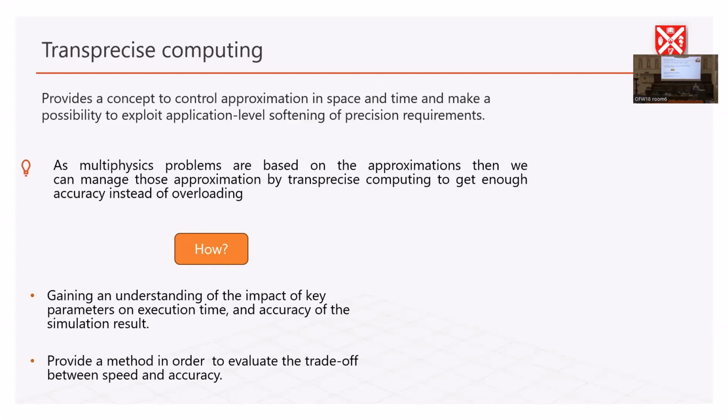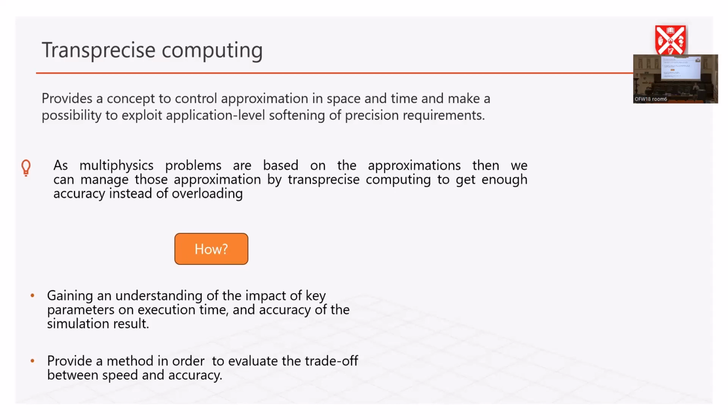So we are proposing a solution to face these problems. It's called precise computing. Precise computing adds a concept that can control approximation in space and time and make a specific application explore its precision requirements. It means that instead of setting all the parameters with the highest precision possible, we try to find out what's best for the application that we want.